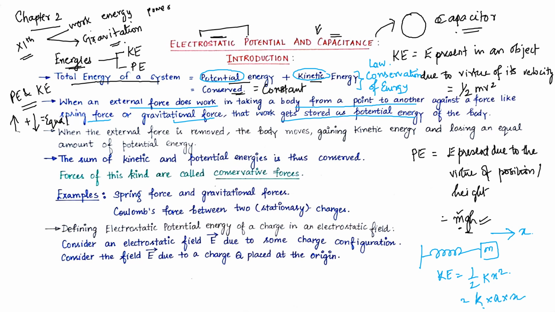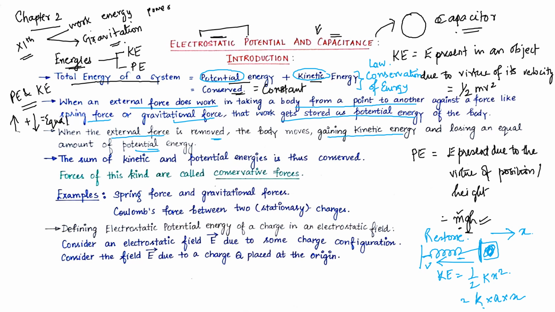So when the external force is removed, the body gains kinetic energy and loses an equal amount of potential energy. Now in this spring, this external mass is removed. What will happen? The spring will try to restore its position. Whatever the spring had extended, it will try to get compressed again. So for getting compressed again, it will move in this direction with a velocity v.